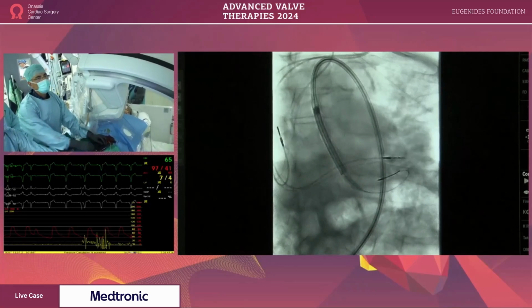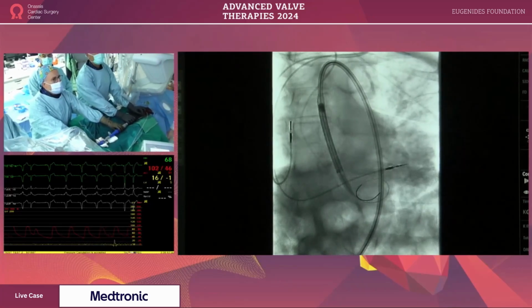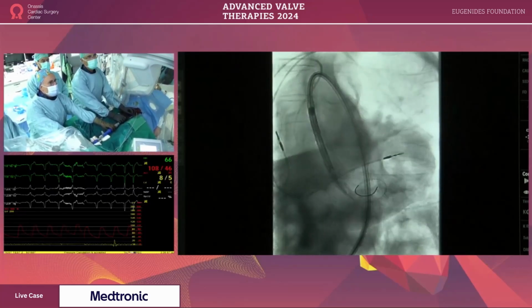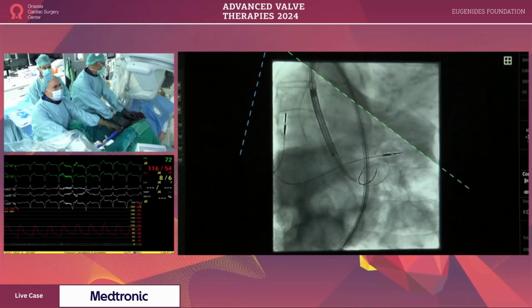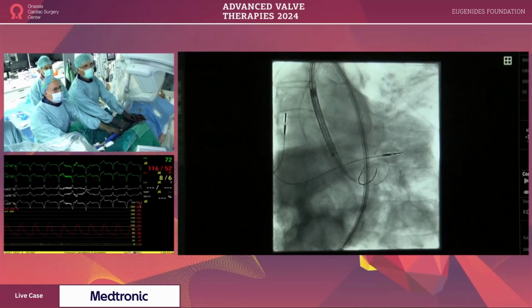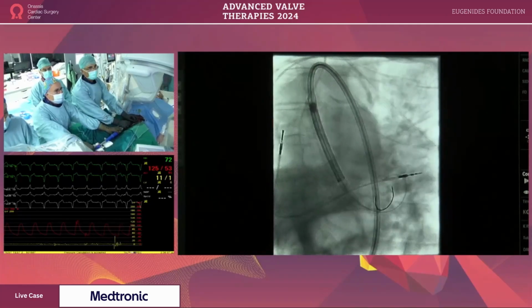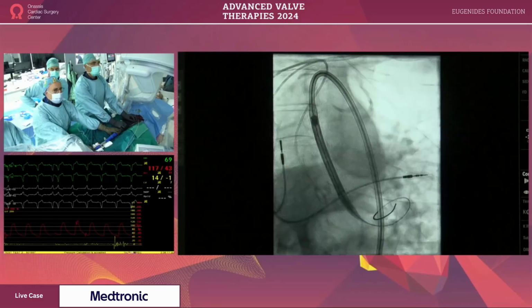Can you push the wire a little bit? This is the cusp overlap, Martina. Are you sure? Okay, let's go.